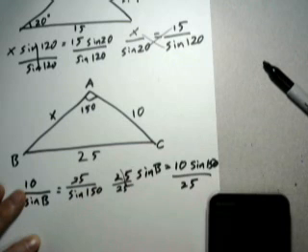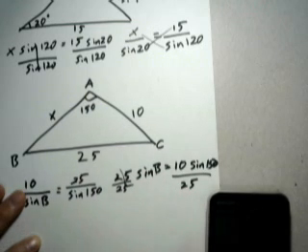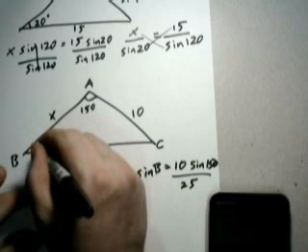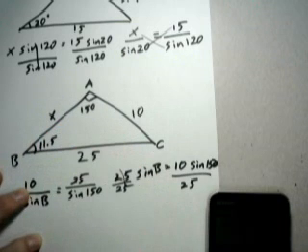Or you can just type in sine of 150 and find that decimal. And then 25 in the denominator. And that gives me 11.5 degrees. 11.5 for that angle right there.